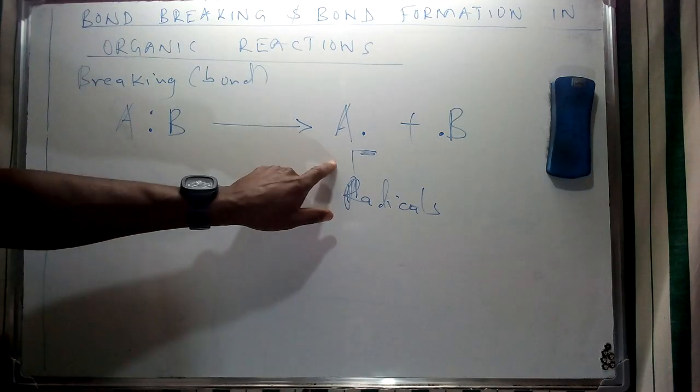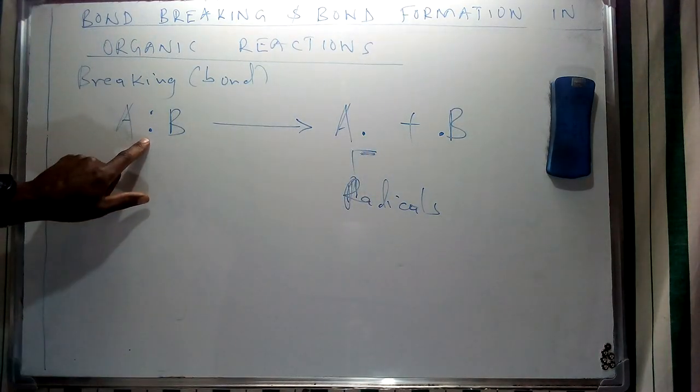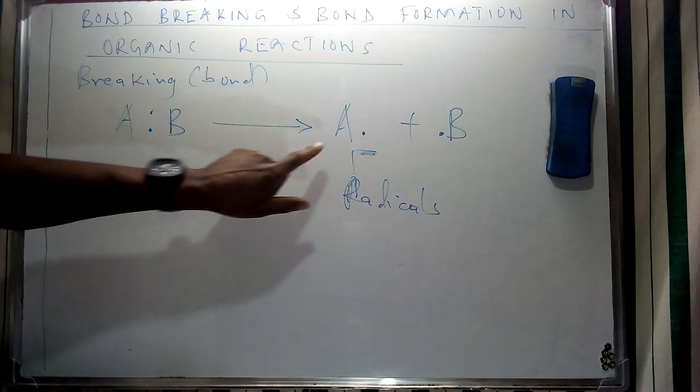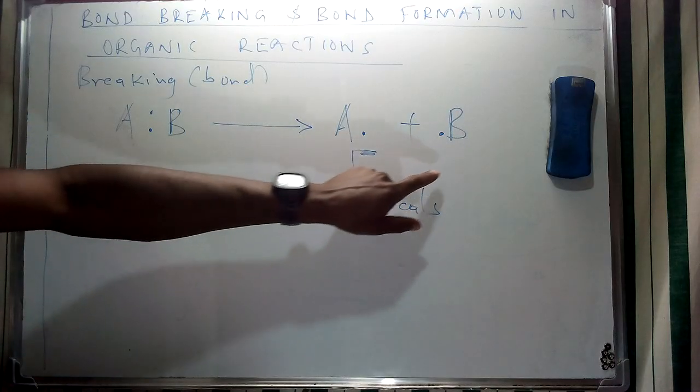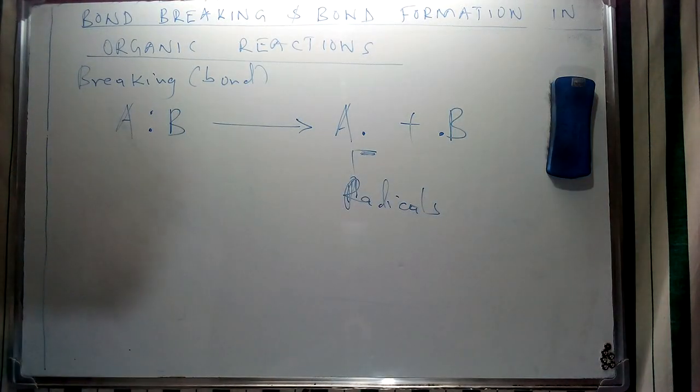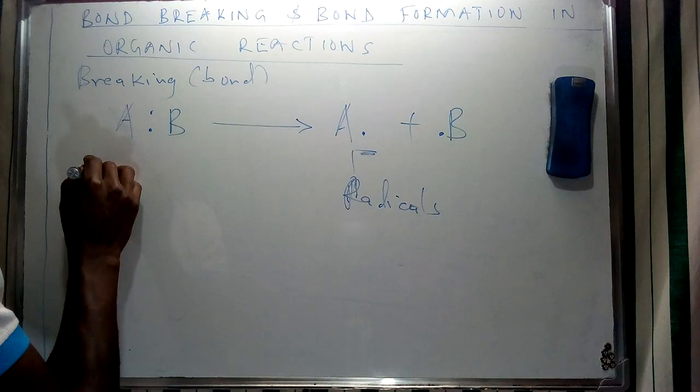So A containing one electron from this pair of electrons from the compound can be referred to as a radical, and B can be referred to as a radical. So that in essence refers to what we call a radical. So breaking of bonds that results in the formation of radicals, we call this homolytic bond breaking.